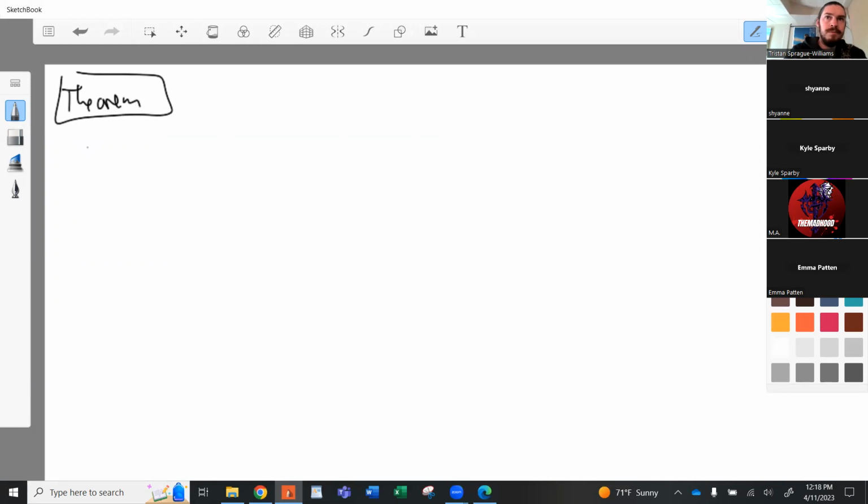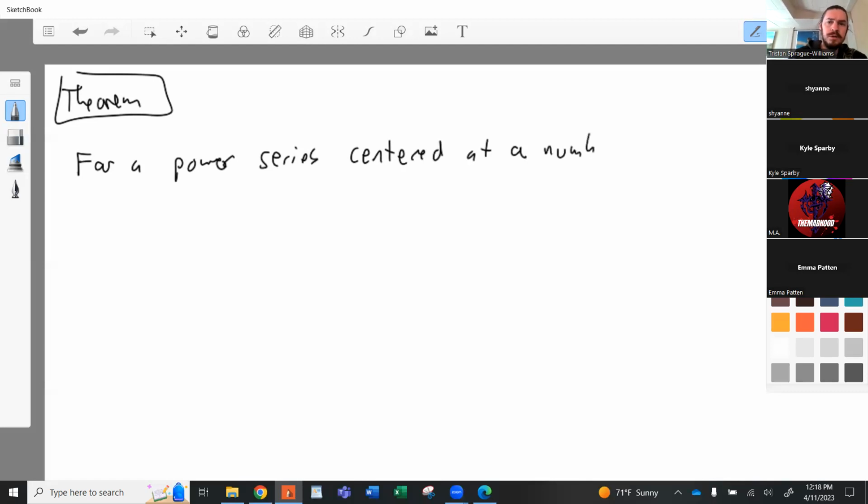It says that for a power series, which is what's called centered at a given value, a number a, which looks like this.